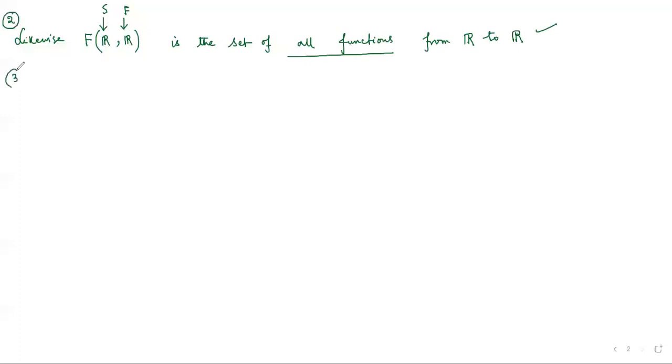Now, prerequisite number 3 is to go to the subspace section of that particular book. If you have this book with you, in the subspace section, probably the section is 1.3, I forgot.